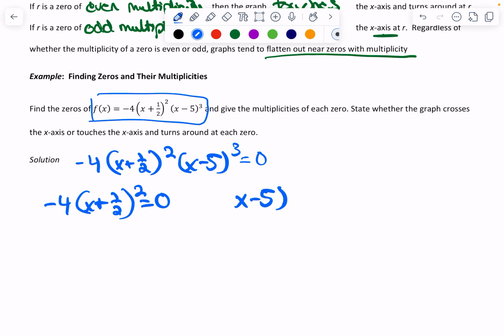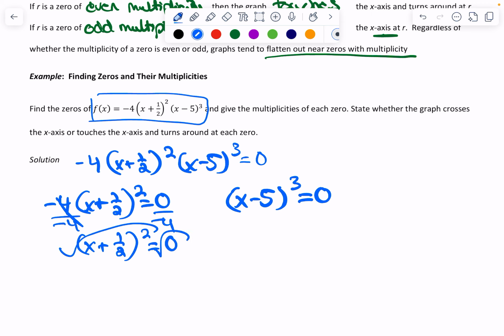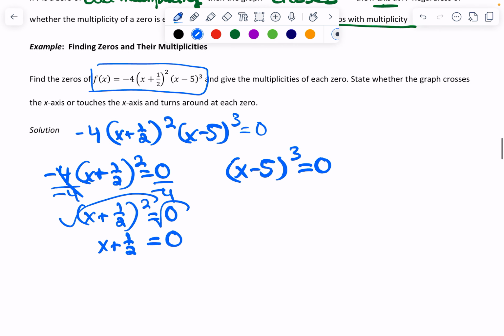So we're using the zero product rule again. Now, if we divide 0 by negative 4, this is going to be a 0. So that negative 4 is kind of ignored here. Now, taking a square root to cancel out the squared, 0 is only 0. There's not a positive and negative 0. It's only 0. So now when we move the half to the other side, we get x equals negative half.